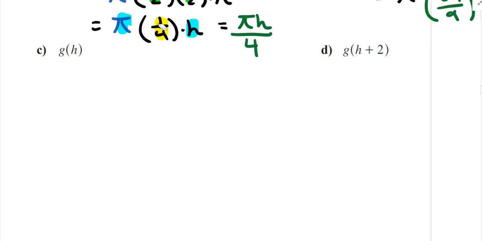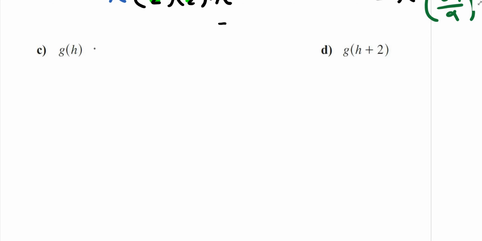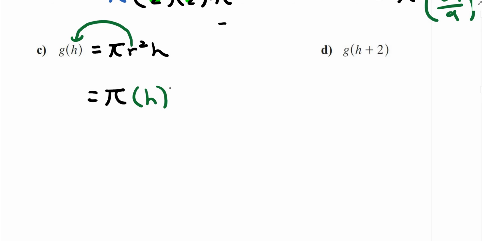For letter C, let me just erase this. Okay, so this is now going to equal pi r squared h, and our r variable is going to be replaced with h. So if I do that, I get h to the power of 2 times h.